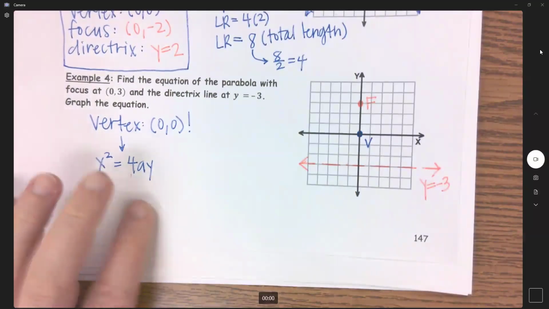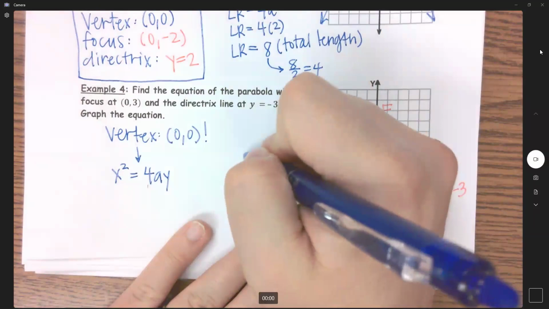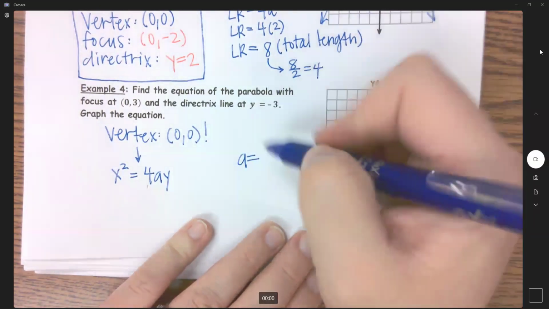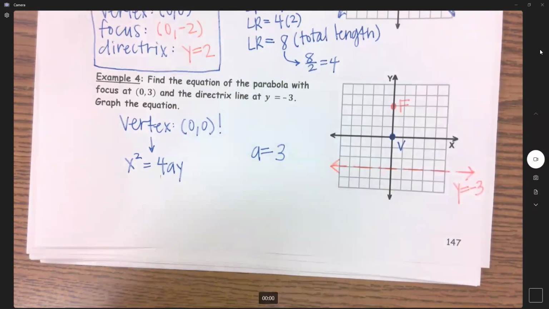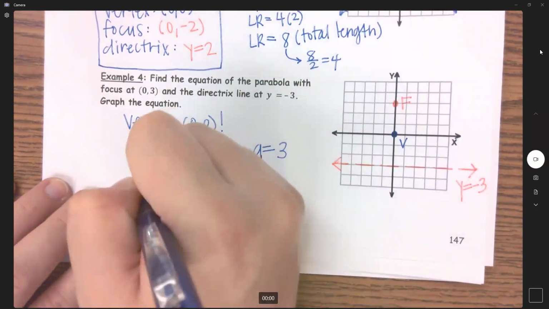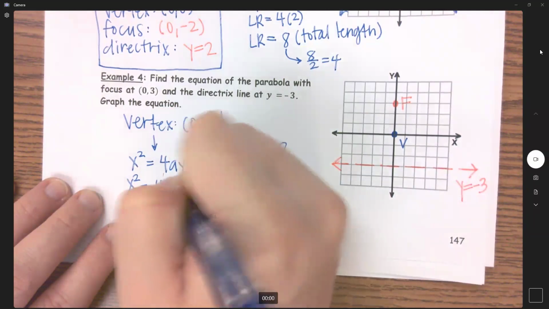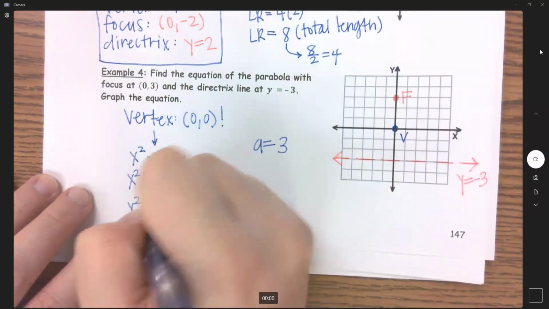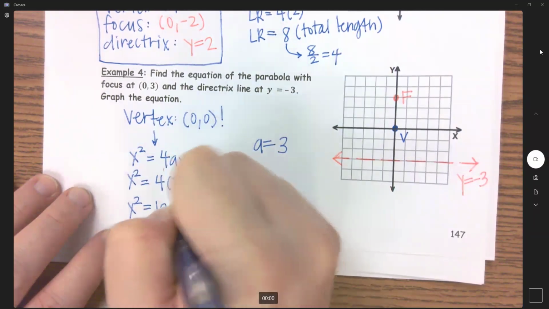Okay, the only thing I need for this is my a. Here, a is 3 up and 3 down. a is 3. So I have x squared equals 4 times a times y. So my equation is x squared equals 12y.